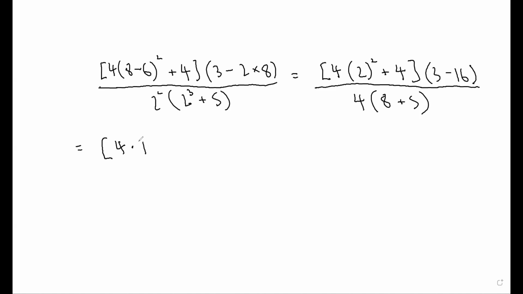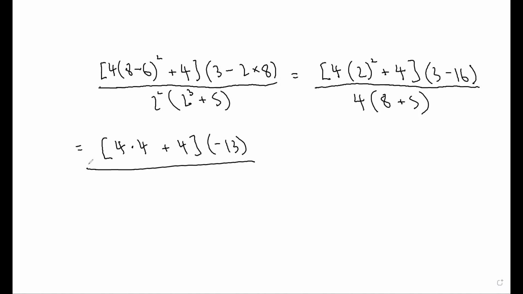So 4 times 4 plus 4. And the square bracket times, and then in the round bracket, you have 3 minus 16. So that's minus 13. Okay, and keep in mind that, again, if there's no sign between the brackets, it's always implied to be multiplication. So it's whatever is in the first square brackets times, in this case, minus 13.